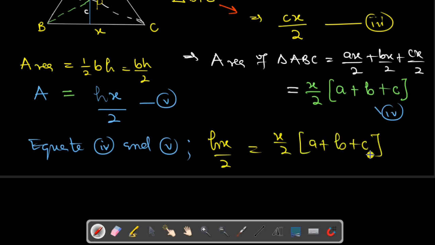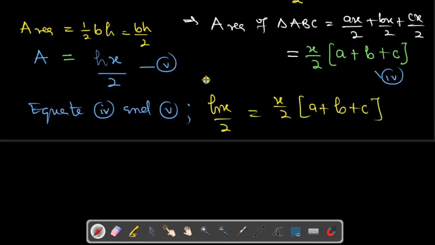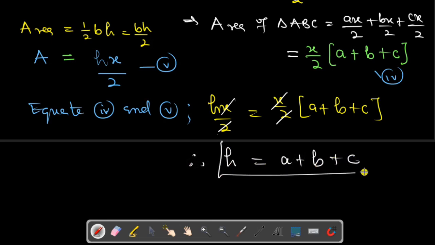From here we can finish up. We cancel x, and we can also cancel the 2. Therefore, h alone is equal to a plus b plus c, as required.